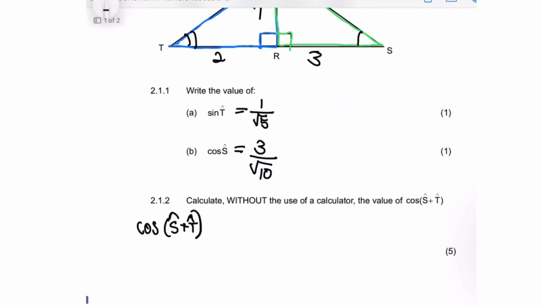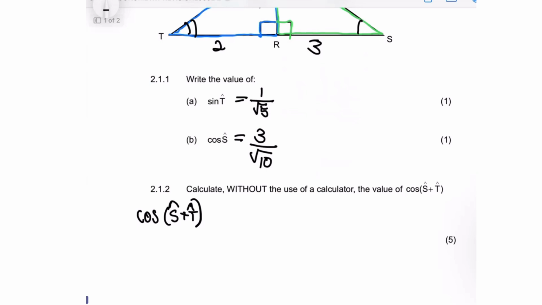However, you can expand this using the compound angle formula, which is cos s times cos t, right?